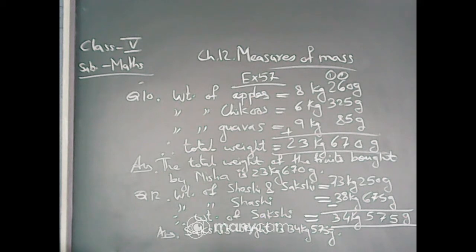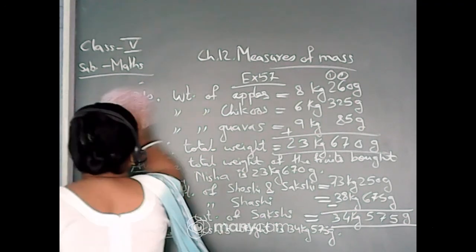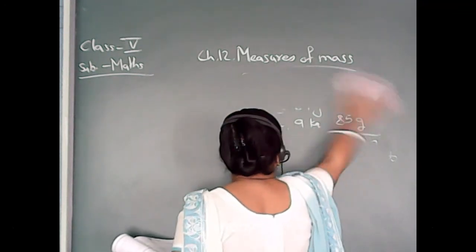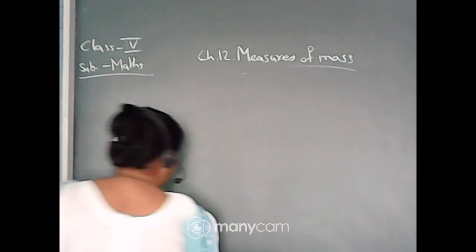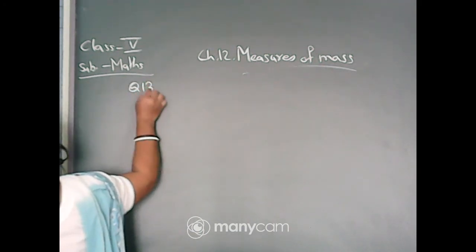Okay, now come to question number 13. If each bag of wheat weighs 25 kg and 650 gram, what is the total weight of 8 such bags? Here the weight of one bag is given, you have to find the weight of 8 bags. That means you have to multiply, isn't it? So let us do number 13. It is also very simple.